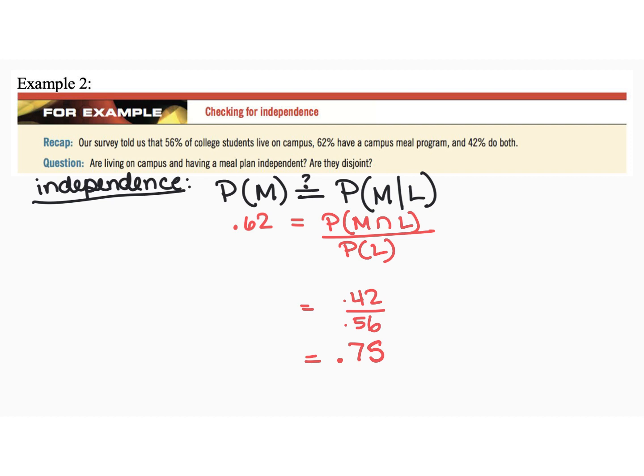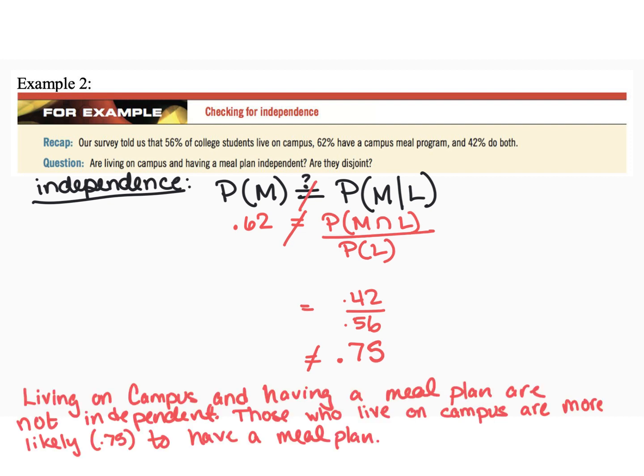So these are not equal to each other, right? So my conclusion is living on campus and having a meal plan are not independent. I can see here that those who live on campus are more likely, 0.75, to have a meal plan.